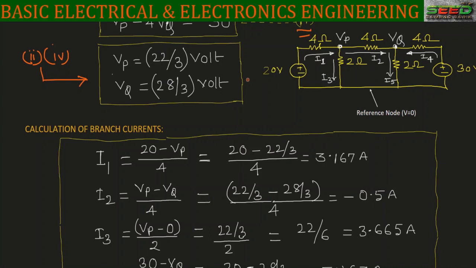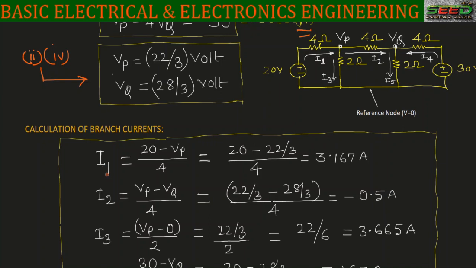Now with this result of Vp and Vq, we can calculate all the currents involved in the circuit, that is I1, I2, I3, I4, I5.